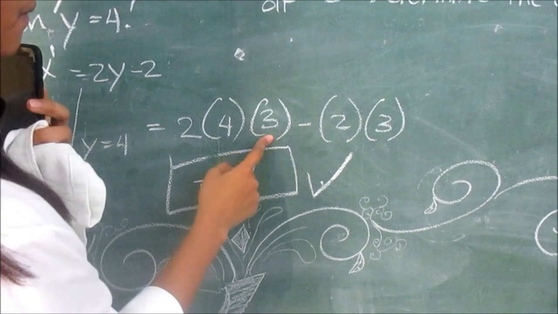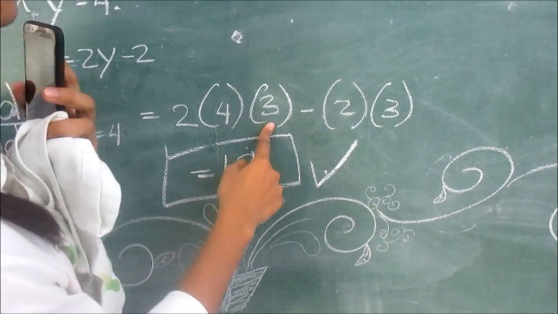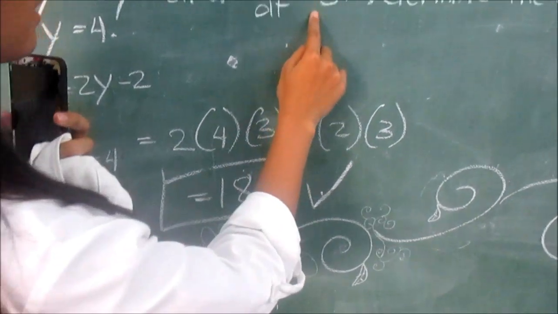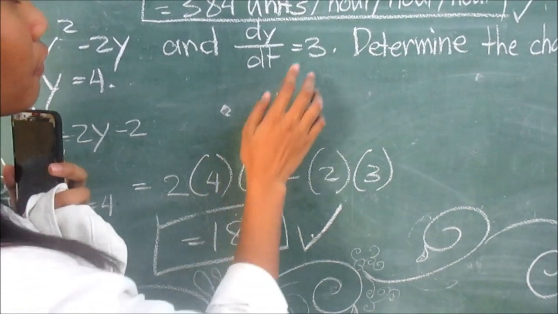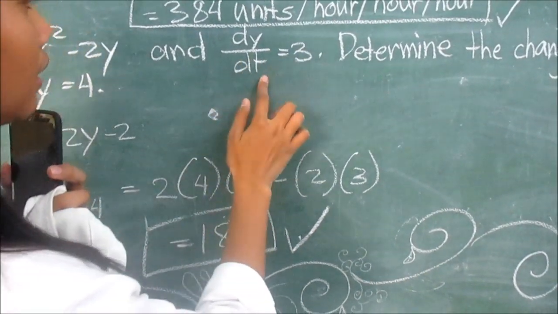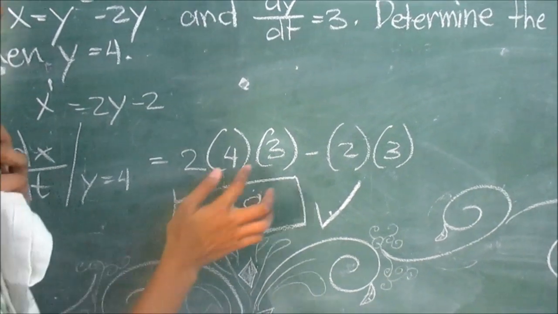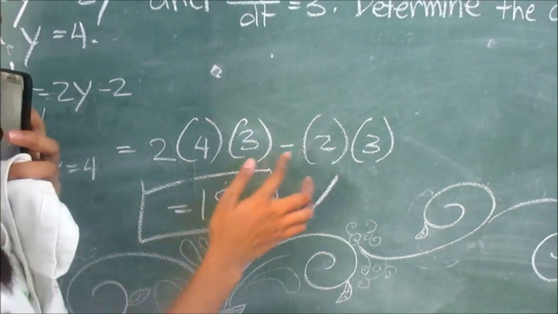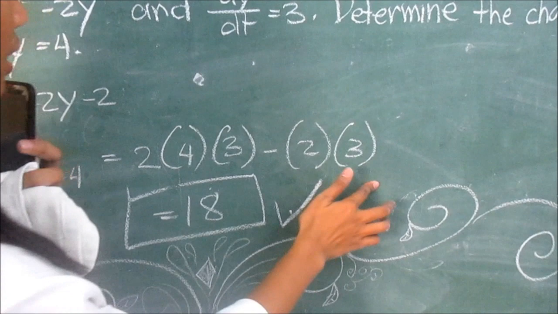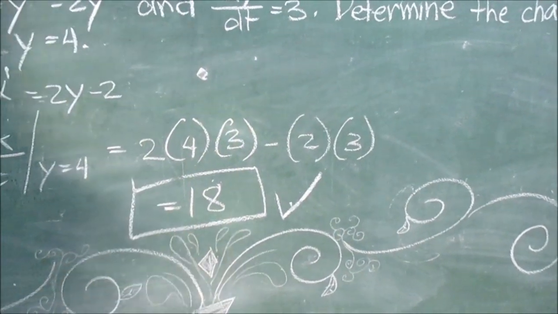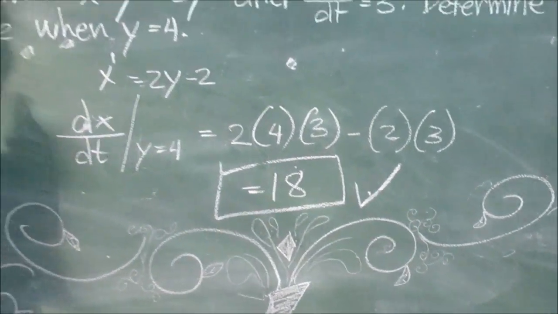Where did we get this number 3? We got this number 3 from here, in respect of dy over dt is equals to 3. So, 2 times 4 is equals to 8 times 3, 24, minus 2 times 3, 6. So, we have 18 as the final answer.